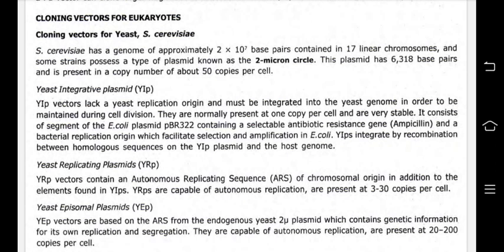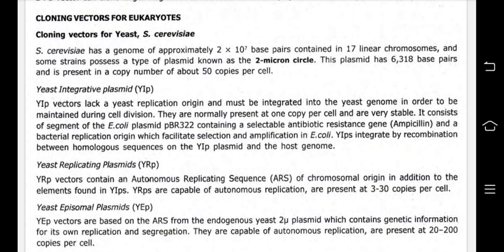Then yeast integrative plasmid, YIP. YIP vectors lack a yeast replication origin and must be integrated into the yeast genome in order to be maintained during cell division. They are normally present at 1 copy per cell and are very stable. It consists of a segment of the E. coli plasmid pBR322 containing a selectable antibiotic resistance gene for ampicillin and a bacterial replication origin that facilitates selection and amplification in E. coli.